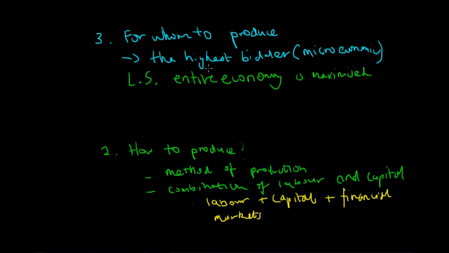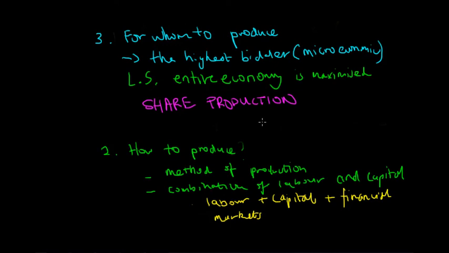Instead, the government tends to help share income or share the production between all of its residents. And here comes a question between efficiency and equity, which we'll talk about later. But for now, answering these three questions efficiently is perhaps the most important function of a nation's economic system.